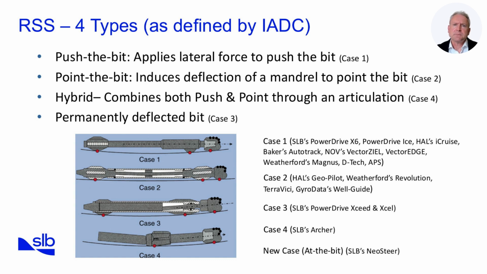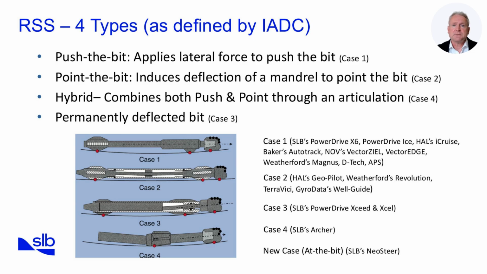Case 1. Push the bit. In this configuration, the tool uses external pads or actuators to apply lateral force against the wellbore wall, effectively pushing the bit in the opposite direction. This type of tool is the most common in the industry because it is simpler to maintain compared to other systems.